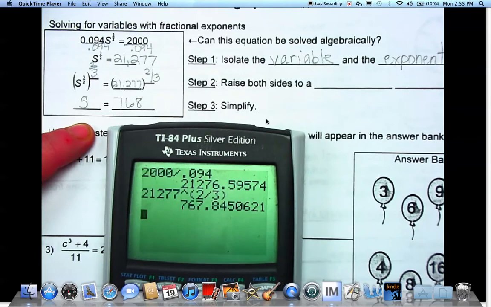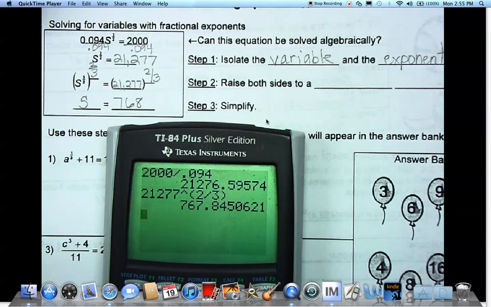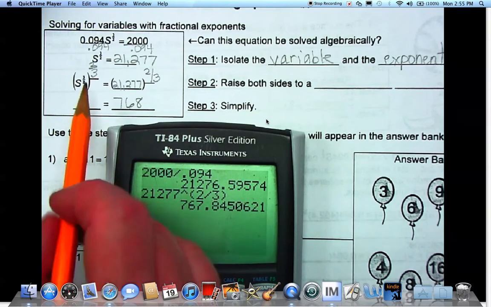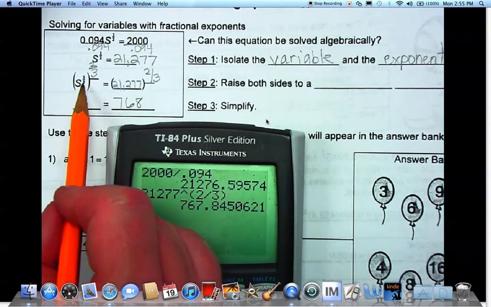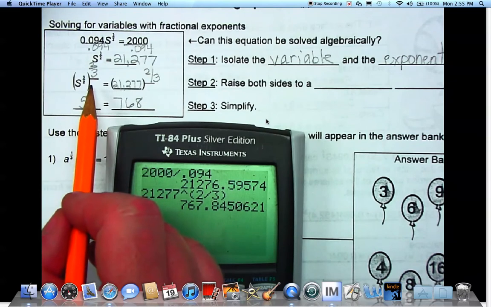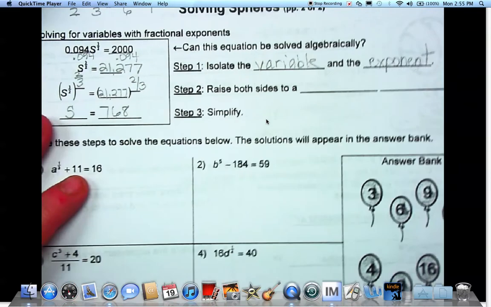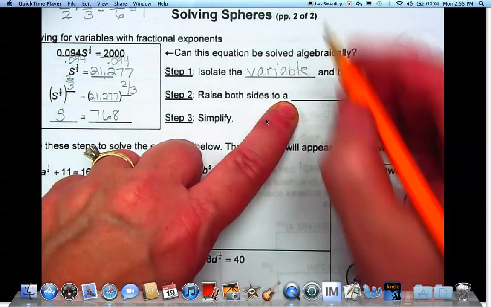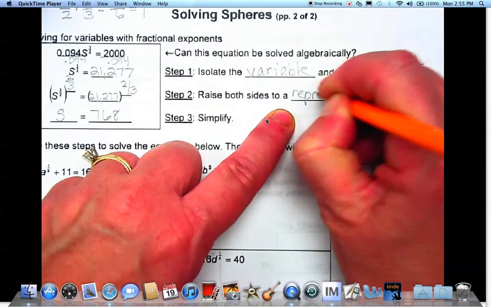Okay. So how did we get rid of that fraction again, that power fraction? What did we do to 3 halves? We flipped it. We raised both sides to a reciprocal power.